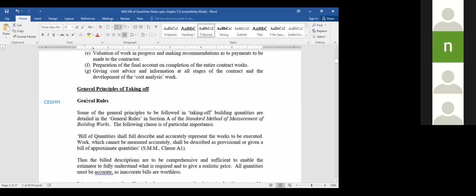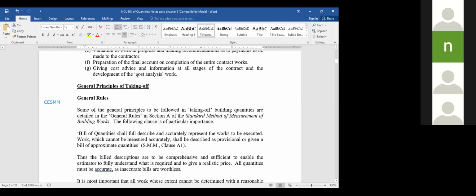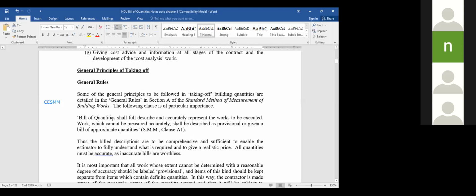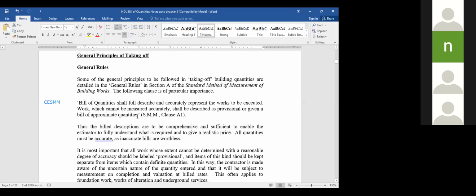Here we have rules. I'm not going to move through these rules now. One of them says the bill of quantities shall fully describe and accurately represent the works to be executed. Ideally it's saying your BOQ should have a proper description.